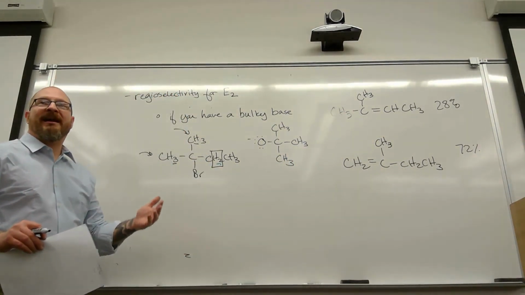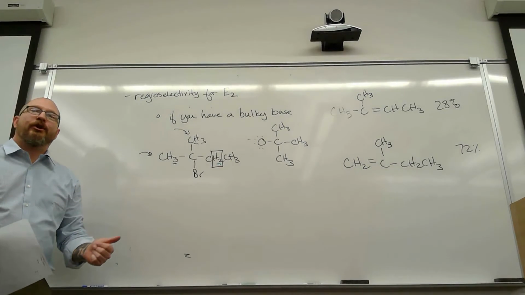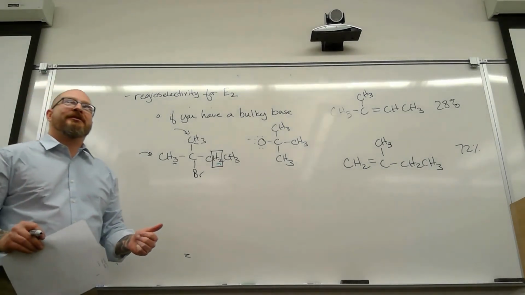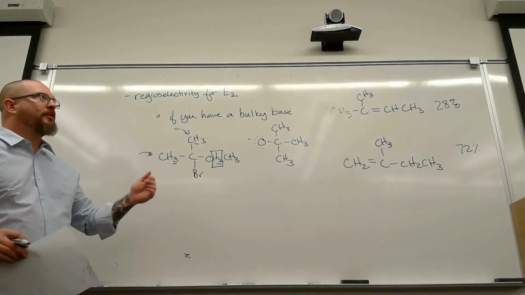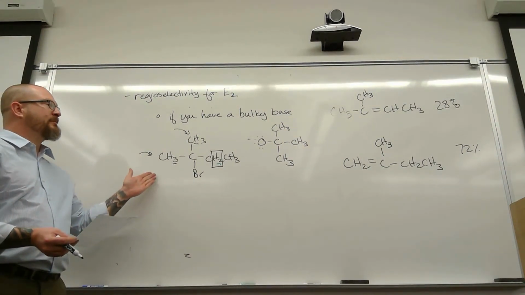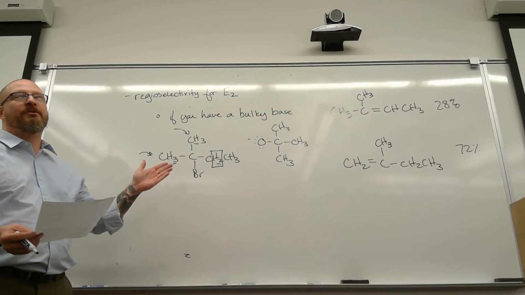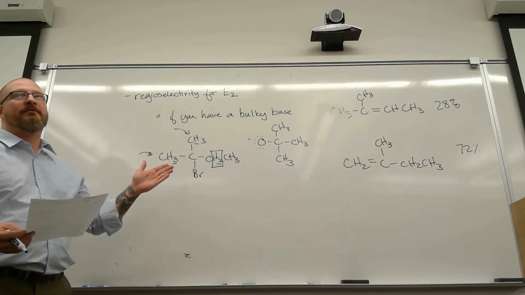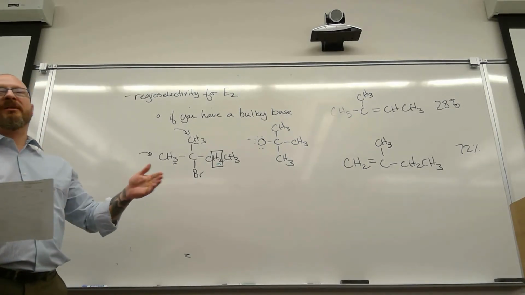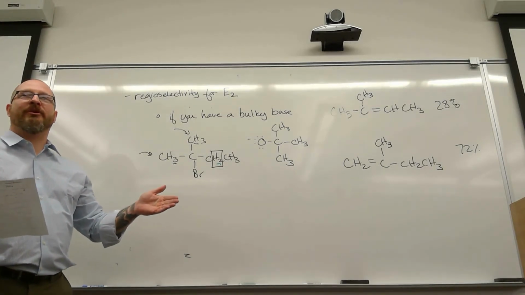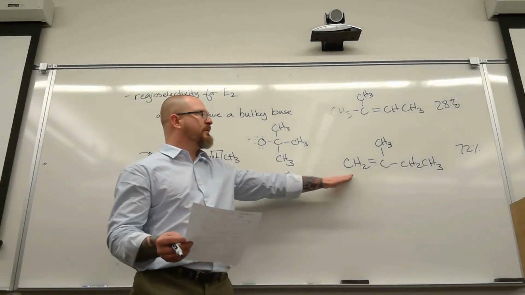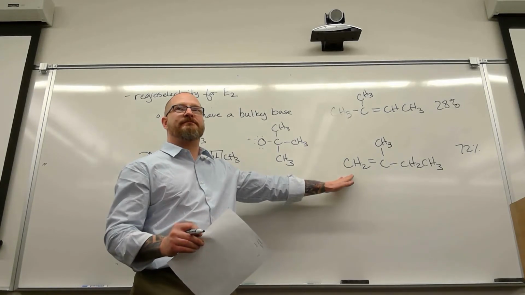So if you're being asked to predict the preferred product, a la the last exam, for this reaction, and you knew it was specific to the E2 and not the SN1, or maybe you have to predict both, you would go to this because of the bulky base.